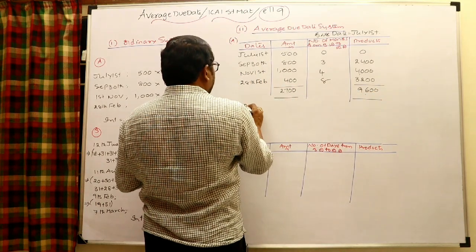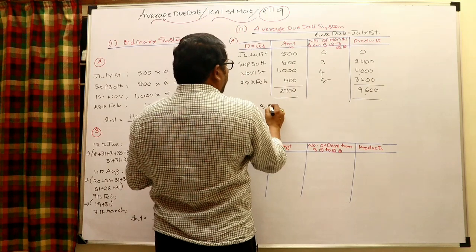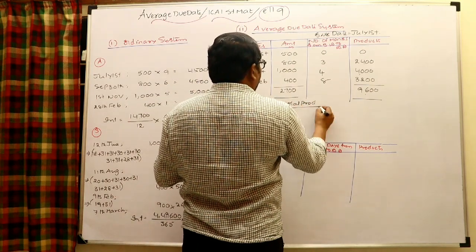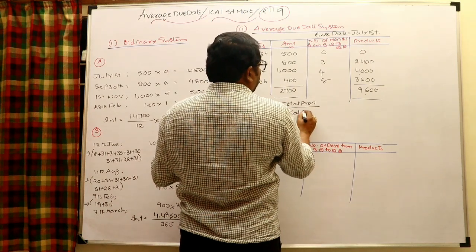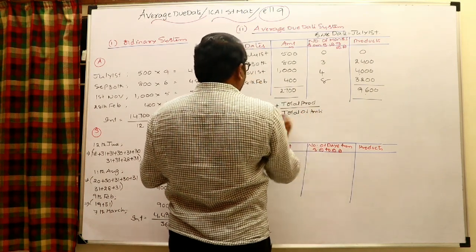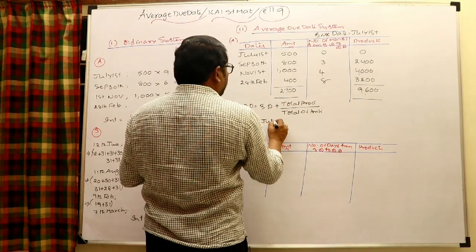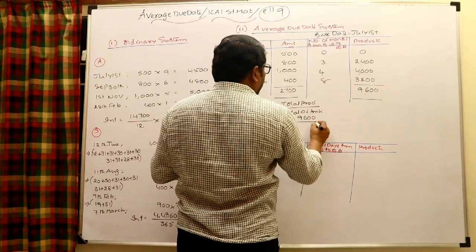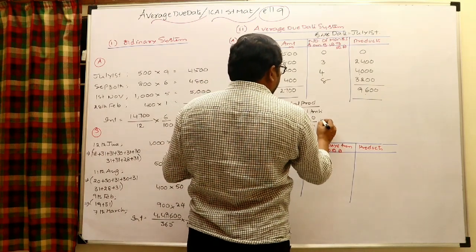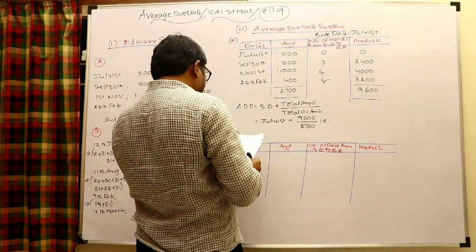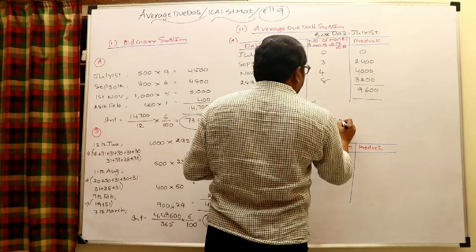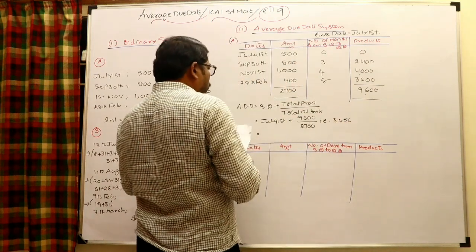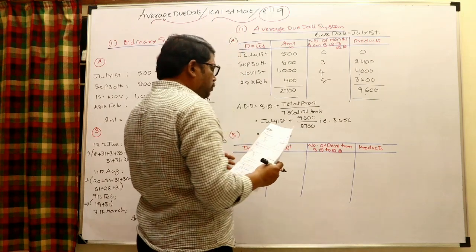Again, average due date is equal to base date plus total of products by total of amounts. Okay, that is July 1st plus 9600 by 2700, and that is approximately 3.556 months. 3.556 months means July 1st plus 3.5 months approximately.